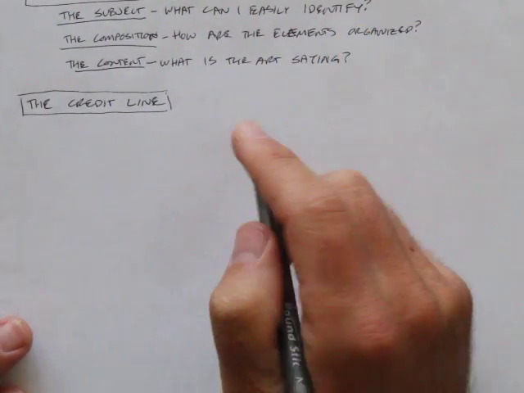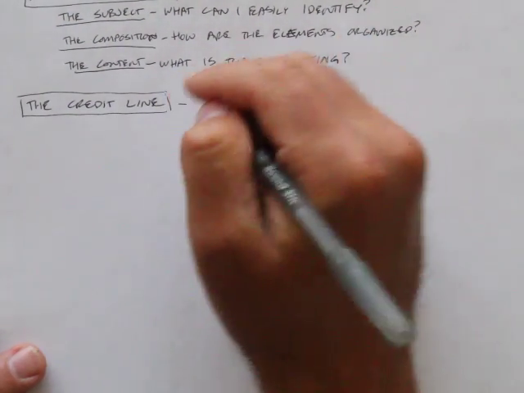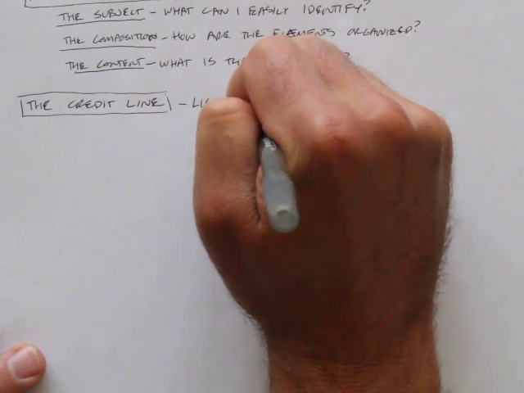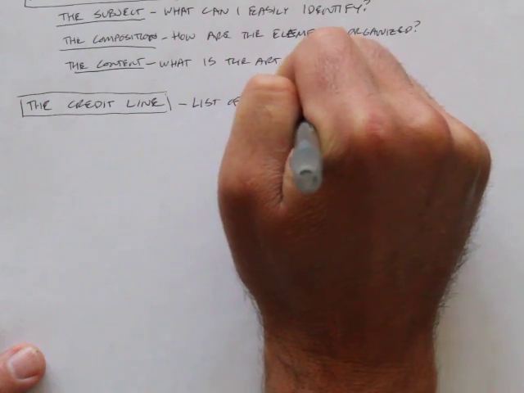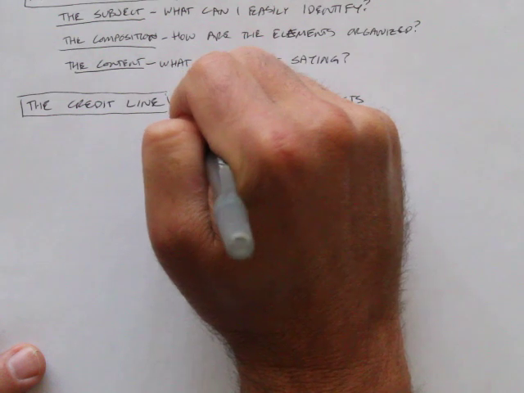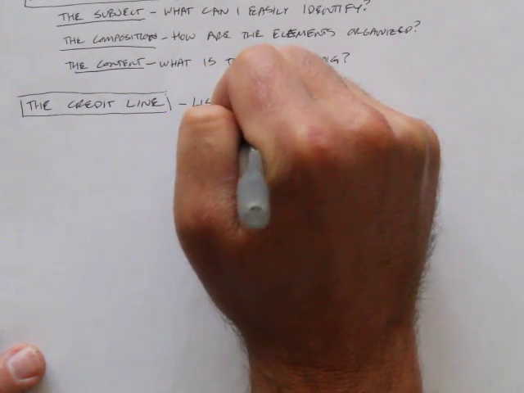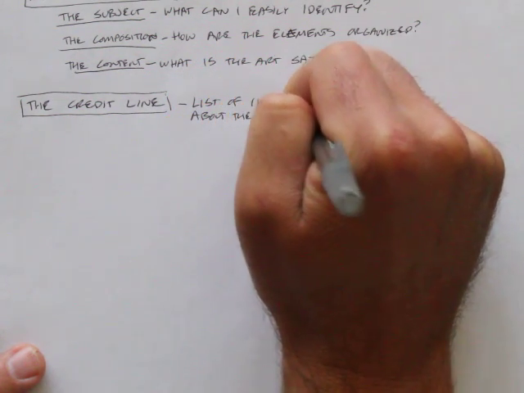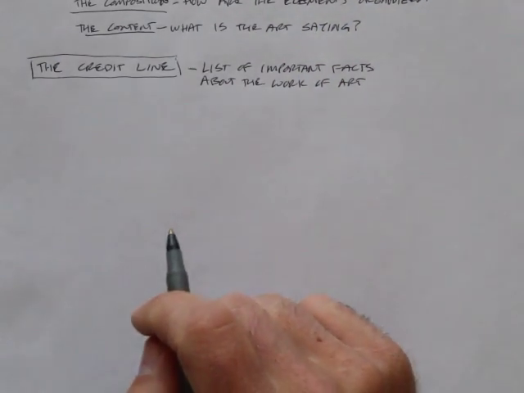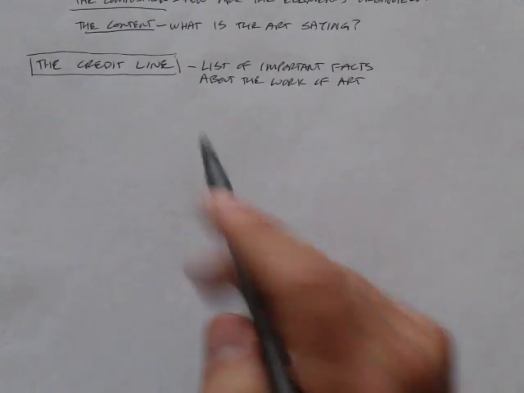So the credit line, this is the list of important facts about the work of art. So here are the things that should be included in a credit line.